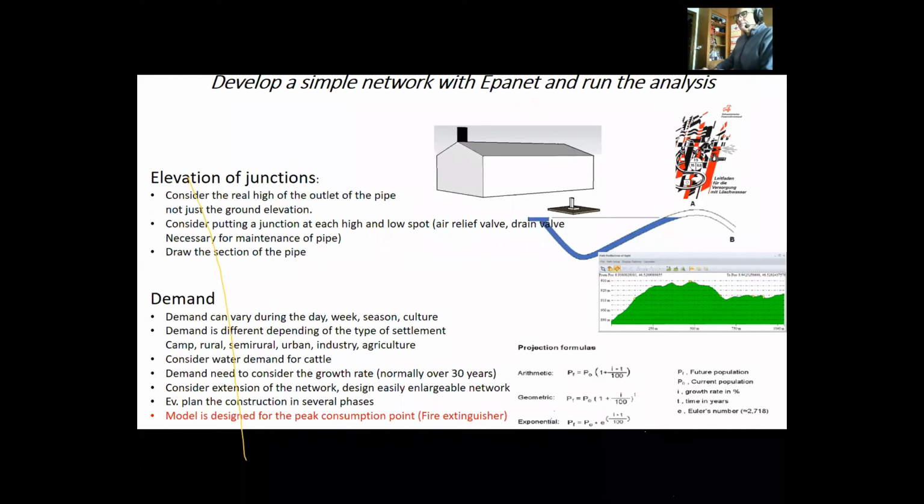And then the demand. Like I was telling you, you have the number of people, and for Syria we calculate 50 liters per person a day, but in other contexts, the demand might change during the season, it might change during the weeks. And the demand also changes depending on the type of settlement.